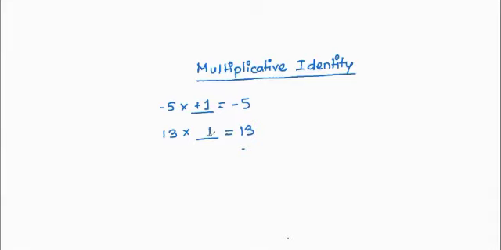Now regarding the sign, the result is plus, because there is no sign, which means it is a positive sign. So if it is a positive number, we need to have an even number of negative numbers or no negative numbers. Now 13 is positive, so we cannot have 1 as negative. 1 also has to be positive, and hence what we can say is 1 is our multiplicative identity.